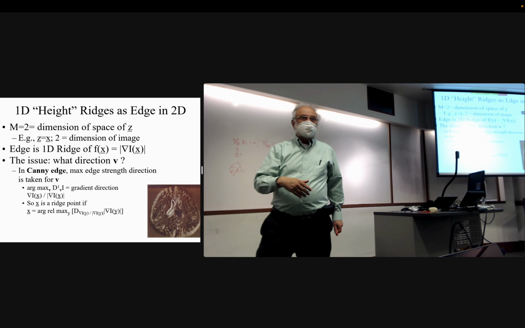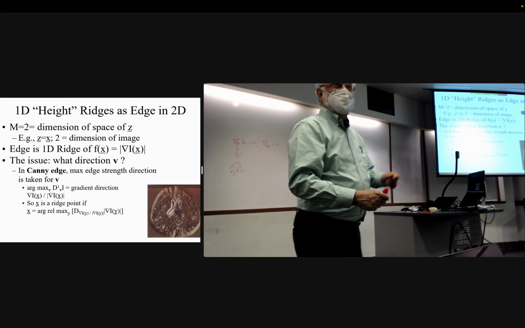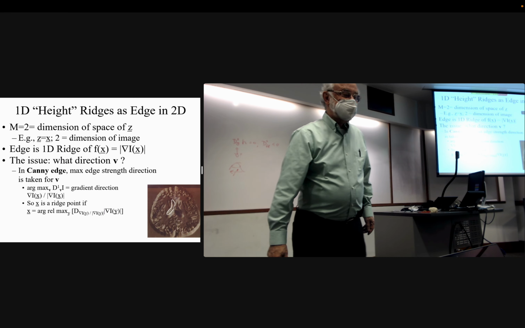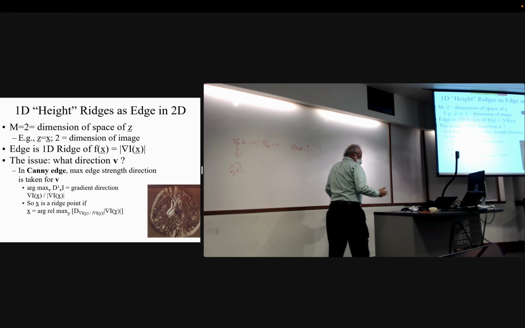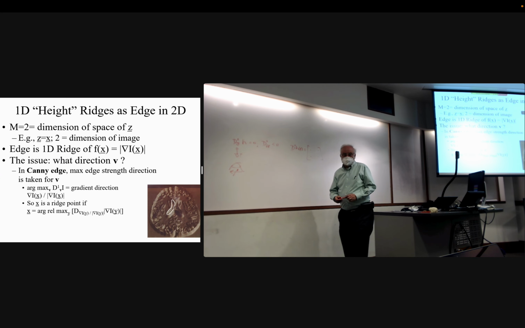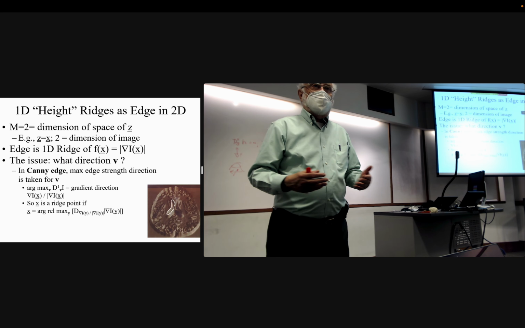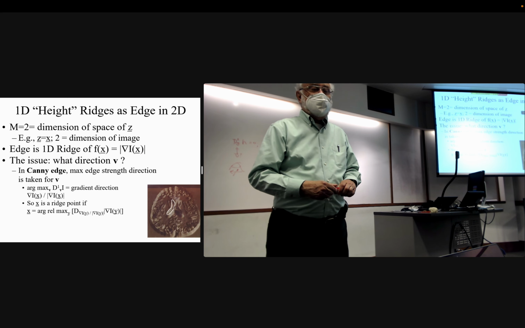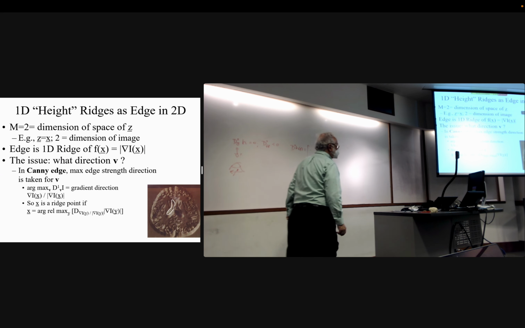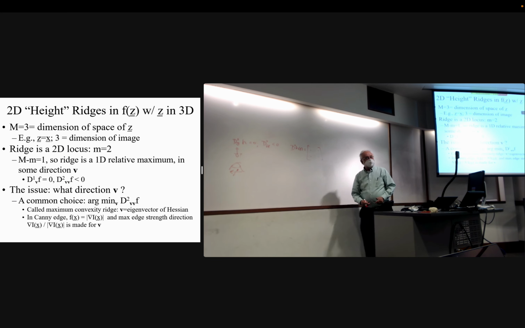Don't get confused. You're taking the derivative of the gradient magnitude in the direction of the gradient direction. Other than that, this is not a so-called maximum convexity ridge, but the Canny ridge is a perfectly intuitive ridge. It's a slightly different curve, but that's the one that Canny suggested. Okay? So far, so good.